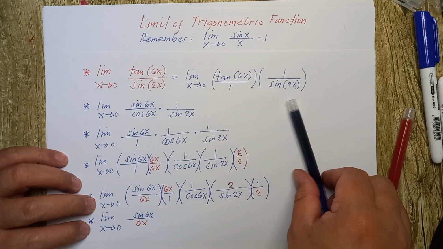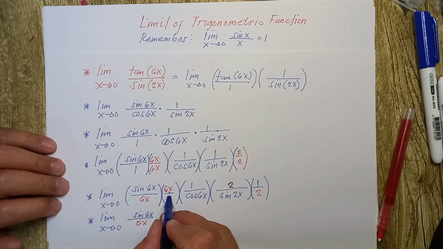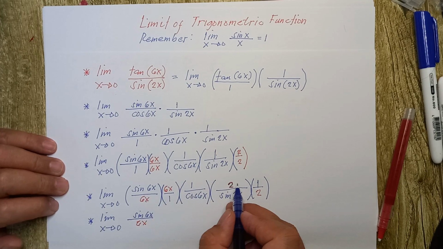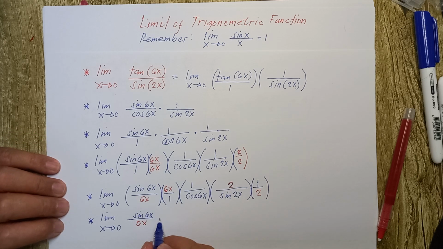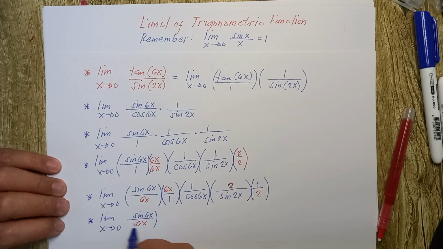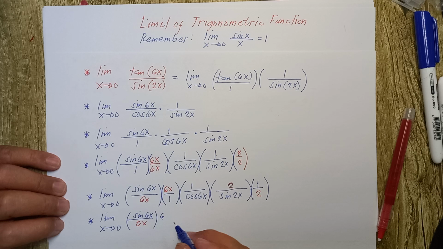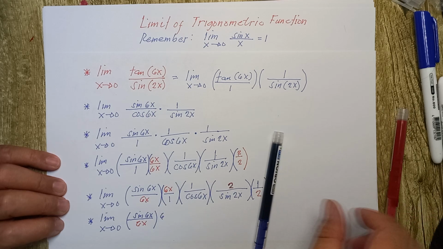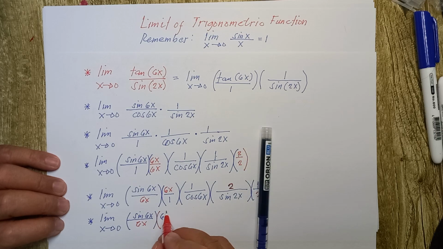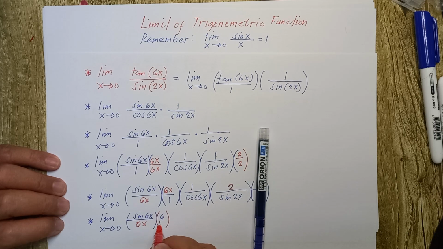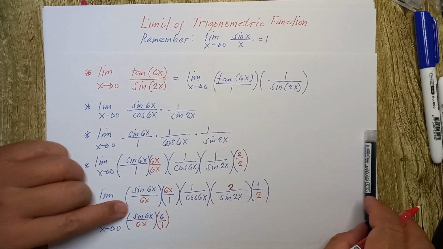Okay, the x in here is to be multiplied in here, so of course that is multiplied by 1 over.